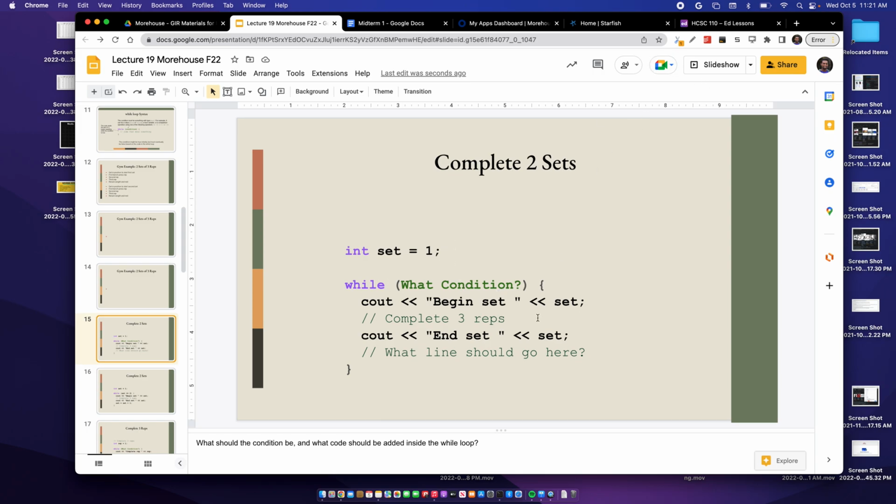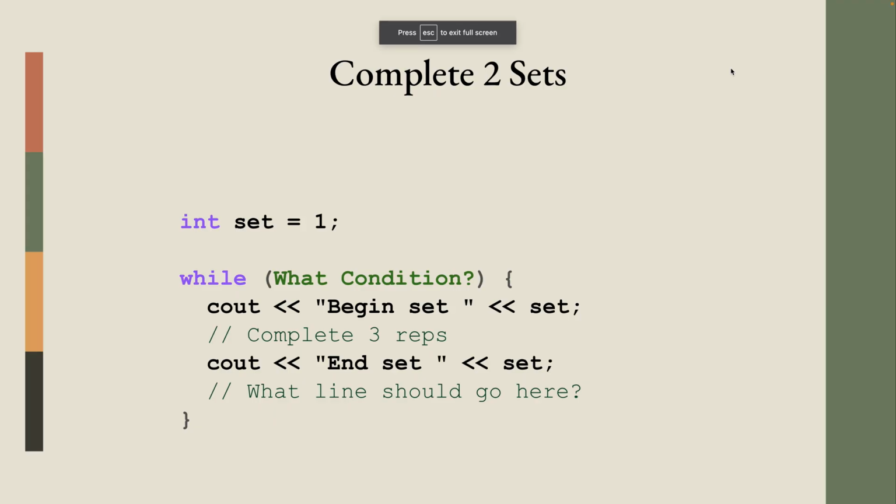So I'll have you all in groups discuss 2 things to figure out here. First, we just want to print out begin set 1, begin set 2. So what's the condition to make sure we go up to 2 times? And then what line should go at the end?